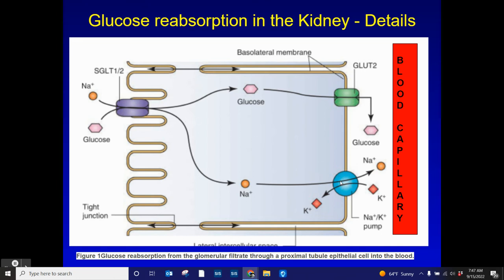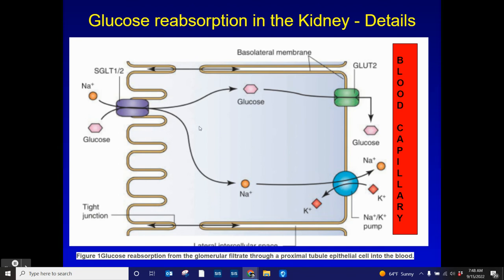It's because we have a sodium potassium pump down here that is moving sodium from a relatively low concentration in here out into a higher concentration near the blood. So it's moving sodium out, and moving potassium into this particular cell.